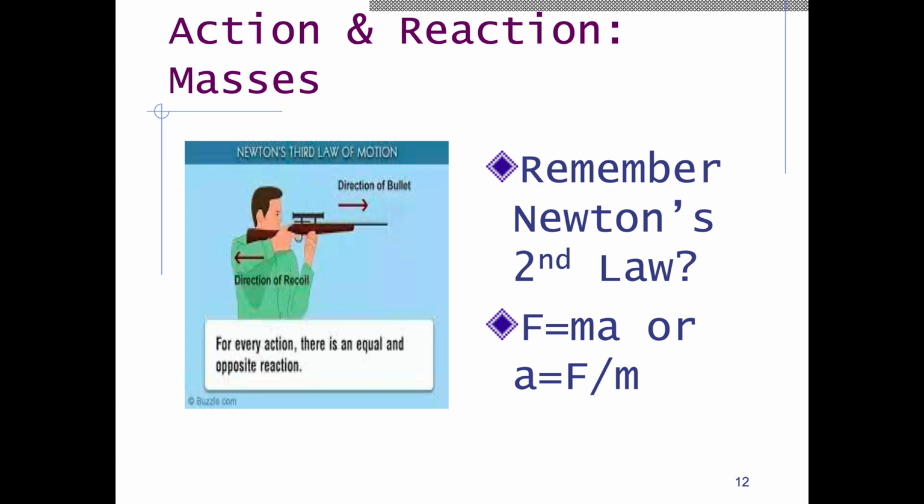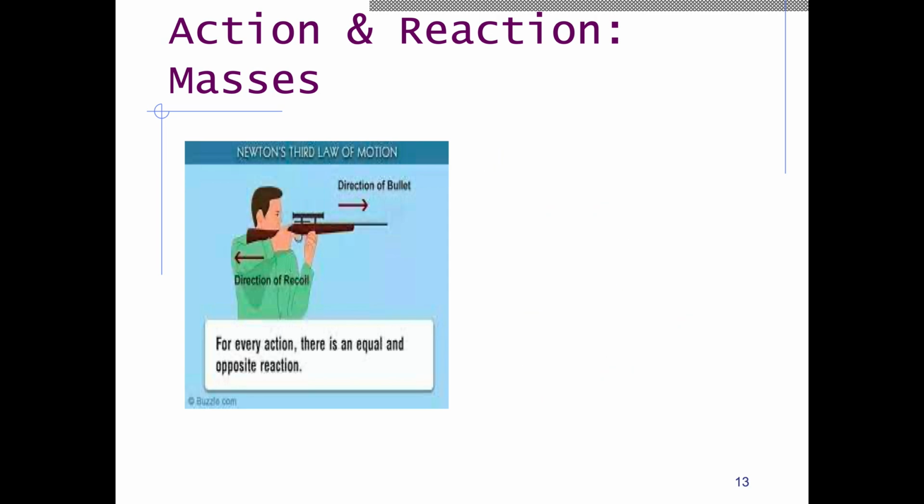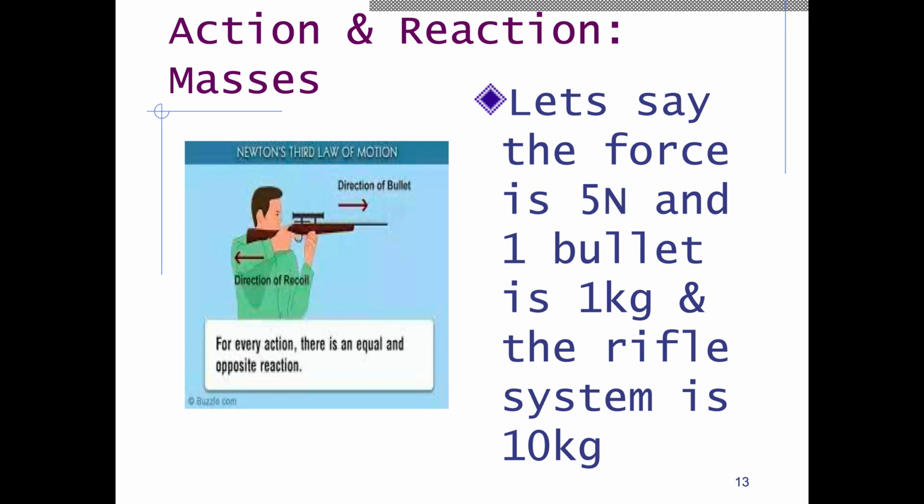Looking at that and kind of pulling it into this helps. So here's some easy math, not really accurate math, but I just wanted to get the idea across with some easy numerical values. So let's just say that the force of this gun or this bullet being fired or this rifle firing the bullet, however you want to think of it, is 5 newtons.